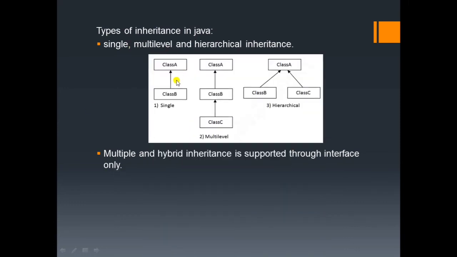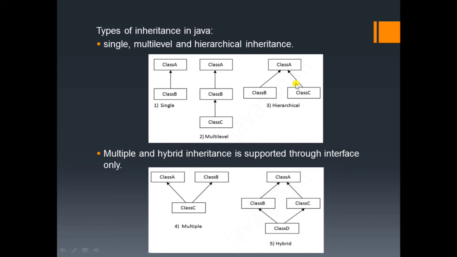Single inheritance means class B acquires the property from class A. Multi-level means class B inherits the property from class A and class C inherits the property from class B. Hierarchical means both class B and C acquire the property from class A. Multiple means class C acquires the property from class A and also from class B. Hybrid inheritance is a combination of hierarchical and multiple inheritance. So these are the types of inheritance: single, multi-level, hierarchical, multiple and hybrid.